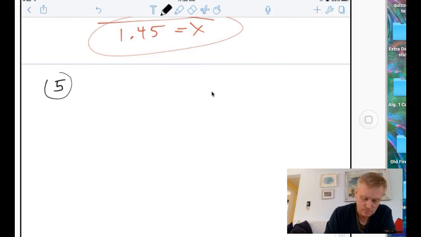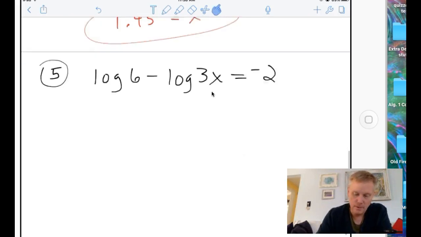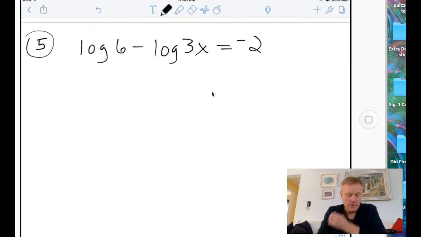Log of 6 minus the log of 3x equals negative 2. All right, this one. A little different.